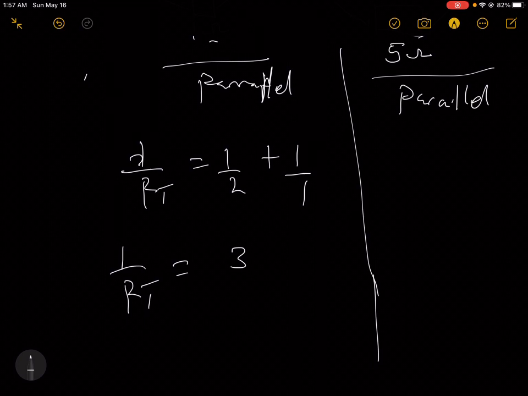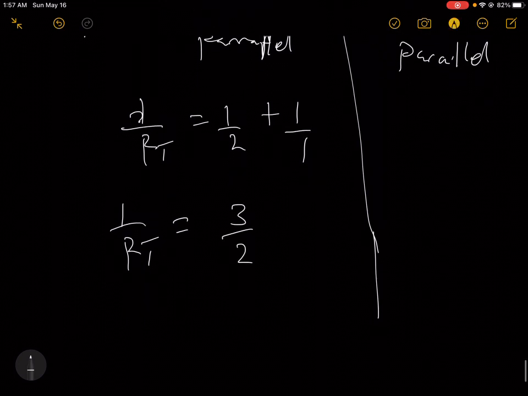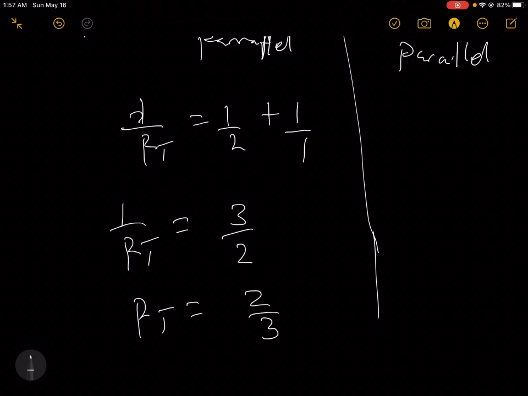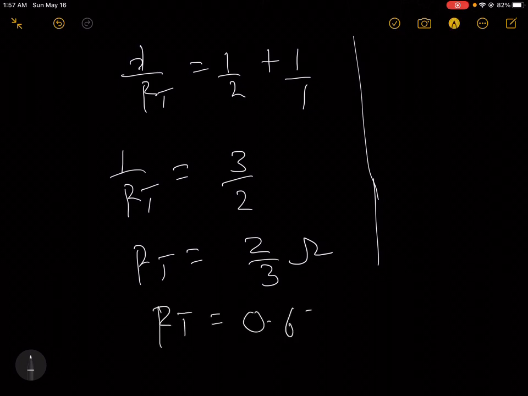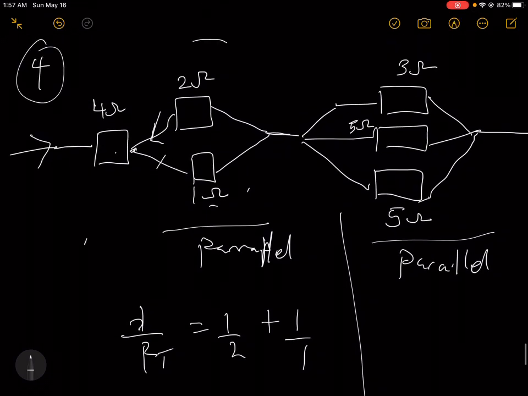So RT equals 2 over 3 ohms, which is 0.67. RT equals 0.67 ohms. So we resolve that. Then let's resolve this.